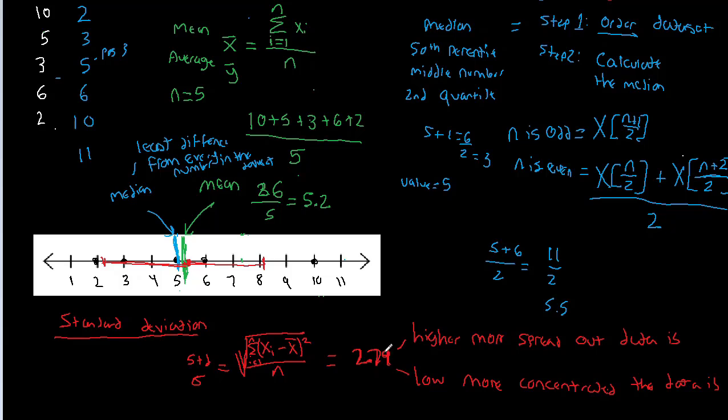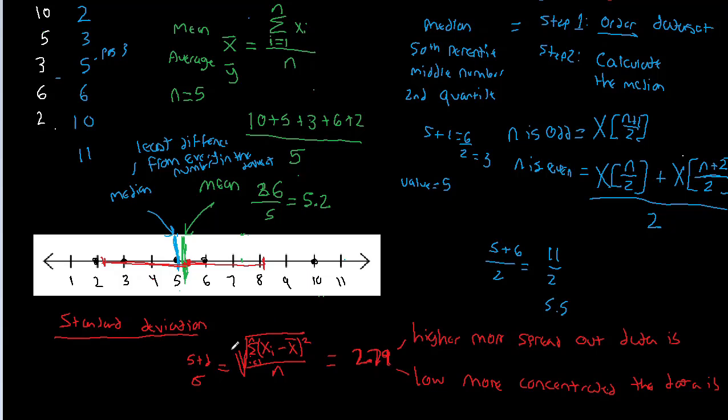So standard deviation visually represents how spread out the numbers are along the number line, with higher standard deviations meaning the data is more spread out along a number line. Lower standard deviations mean the data are closer together or more concentrated relative to the mean along this number line.